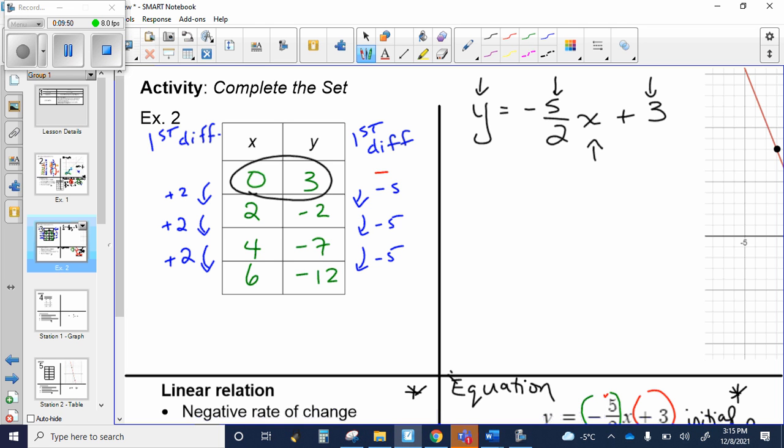So this time, what would be good to use here? Well, we could just check 2. So we'll take 2 and substitute it in here. So we're going to set x equal to 2, and I'm just going to write this out.